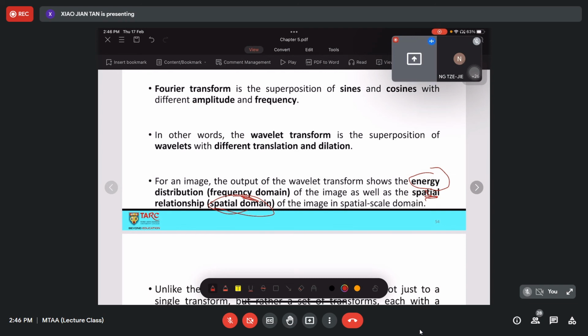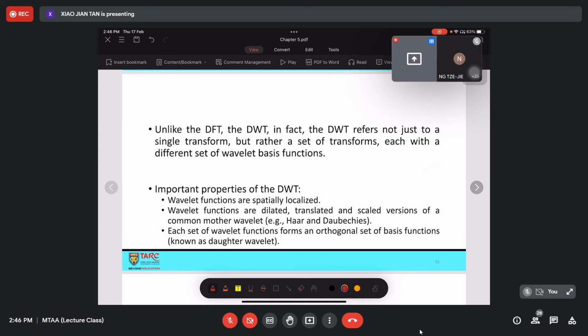So this is the main advantage of DWT, which means it holds the information of the frequency domain and also the spatial domain. Unlike the DFT, the DWT refers not to just a single transform, but rather a set of transforms with a different set of wavelet basis functions.